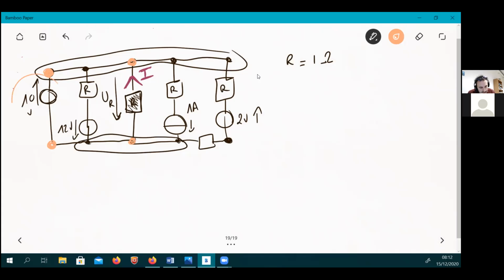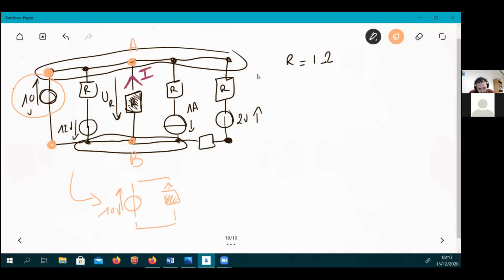So in fact, this 10 volts here is applied between A and B, correct? So you have this 10 volts in between the terminals of your gray resistor.